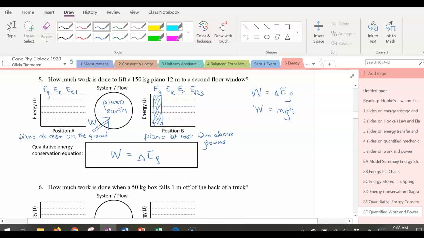I know that the Eg was 0 at position A, and at position B it is the mass of the piano, which is 150 kilograms, times g, which is 9.8, times the height of the piano at position B, which is 12 meters. So I could calculate the work by looking at how the energy of the system changed. And I get that the work was 17,640 joules.